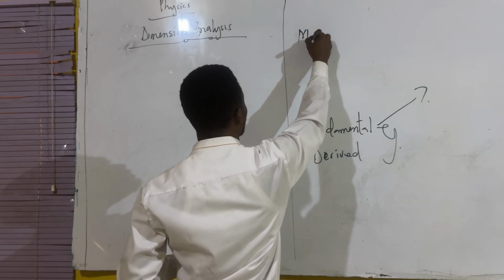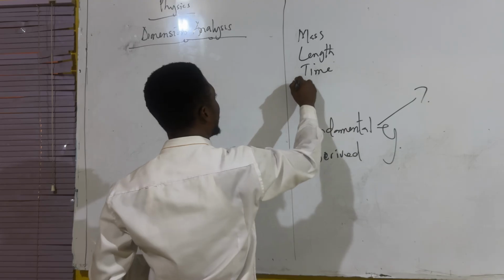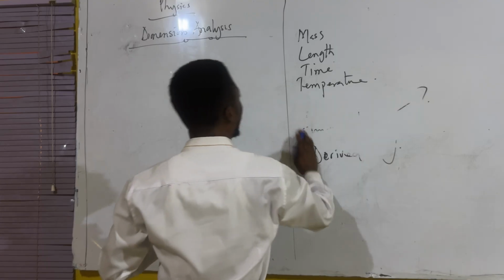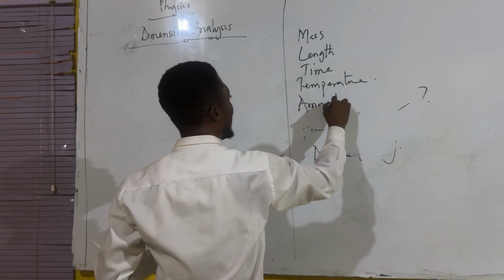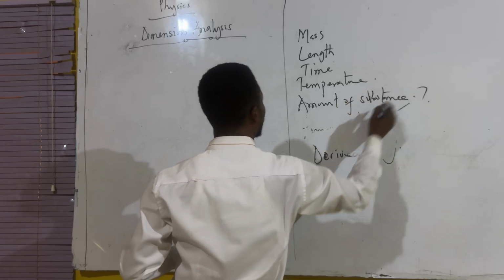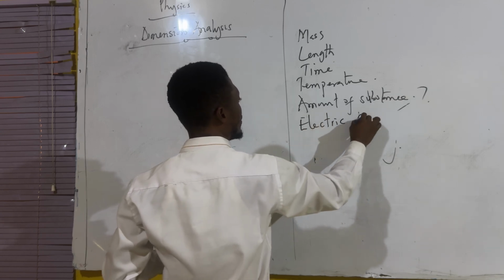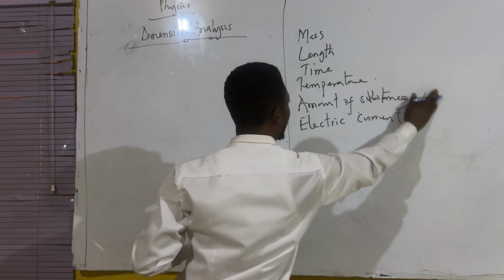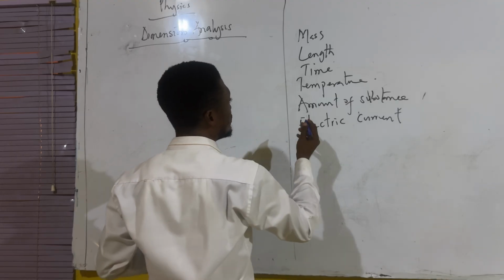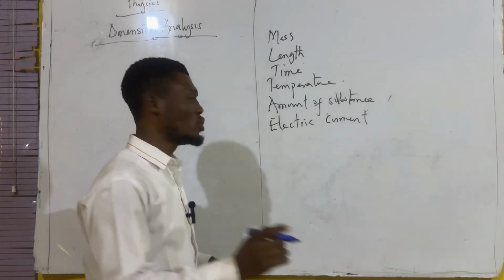We have mass, length, time, temperature, amount of substance, electric current, and the last one is luminous intensity.